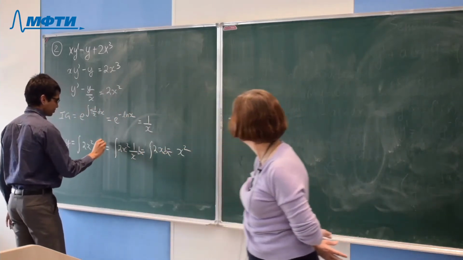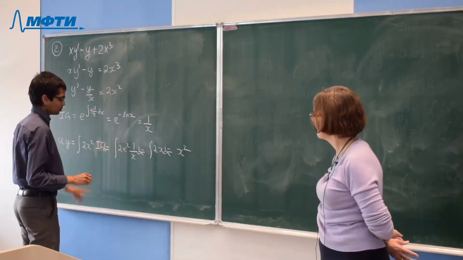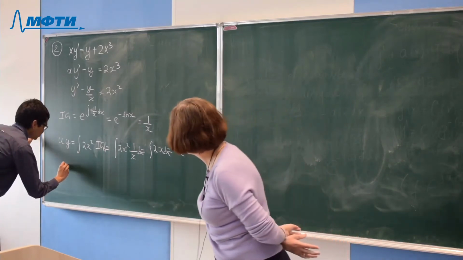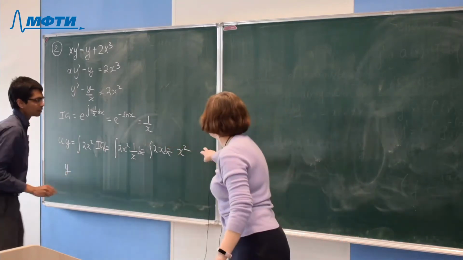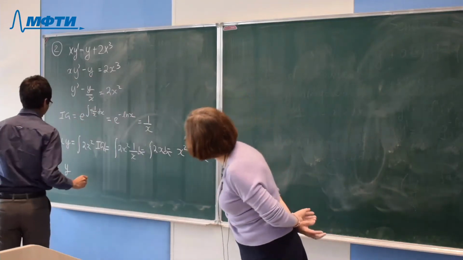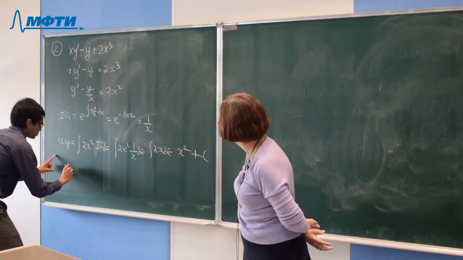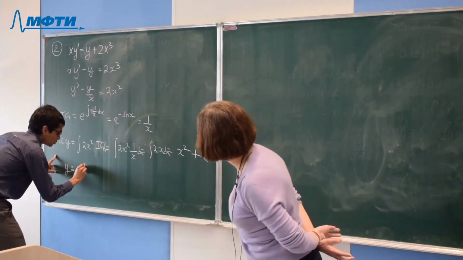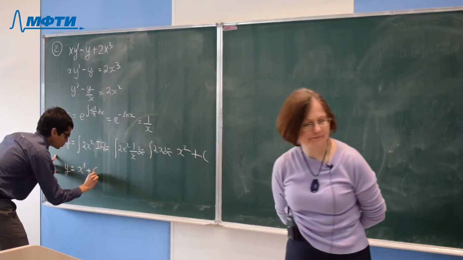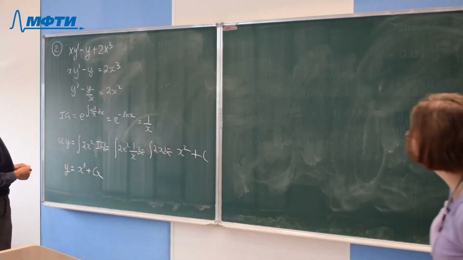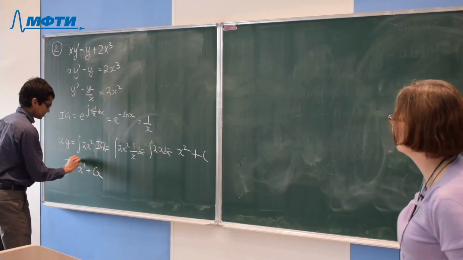Right. So x squared, and then divide, so plus c, and you need to add c here, plus c, and then divide by. All right, it's correct, thank you.